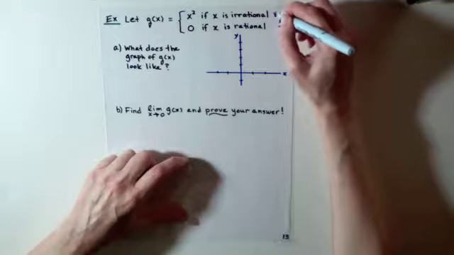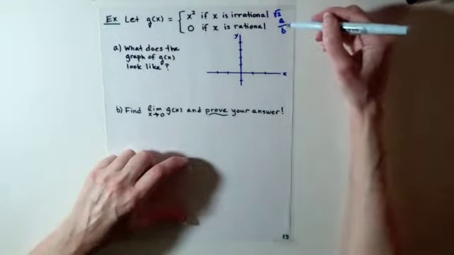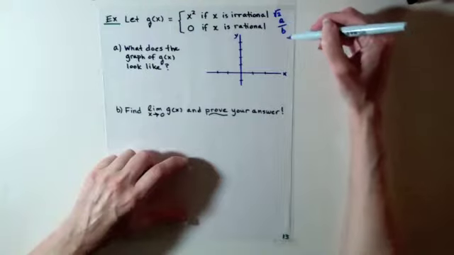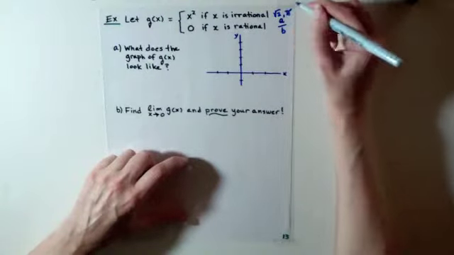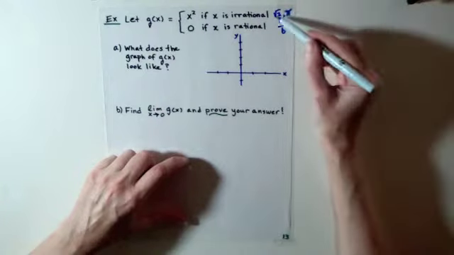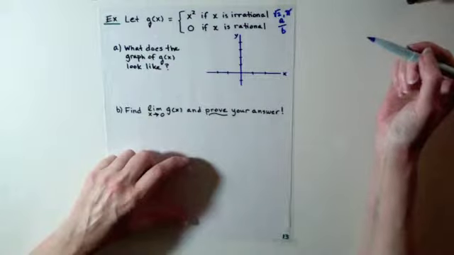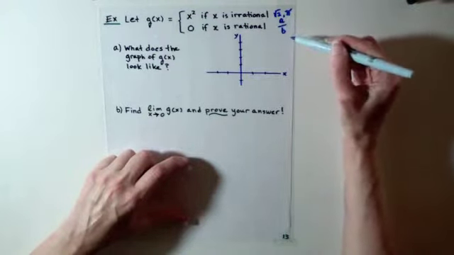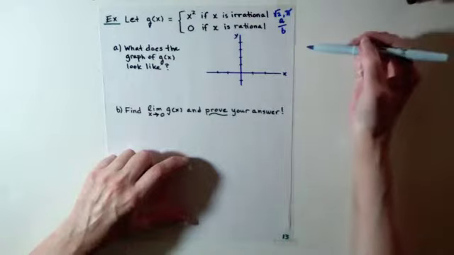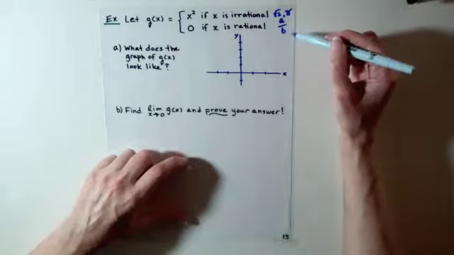A typical irrational number would be something like the square root of 2. It cannot be expressed as the quotient of one integer divided by another integer. Pi is another irrational number. Remember, irrationals have infinite, non-terminating, non-repeating decimal expansions, whereas a rational number, if you write it out, will either have a terminating decimal expansion or a repeating decimal expansion.